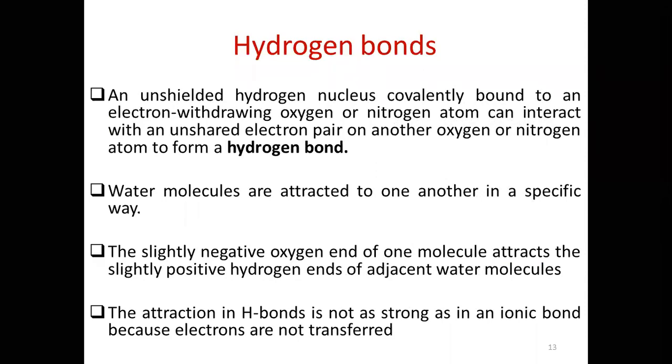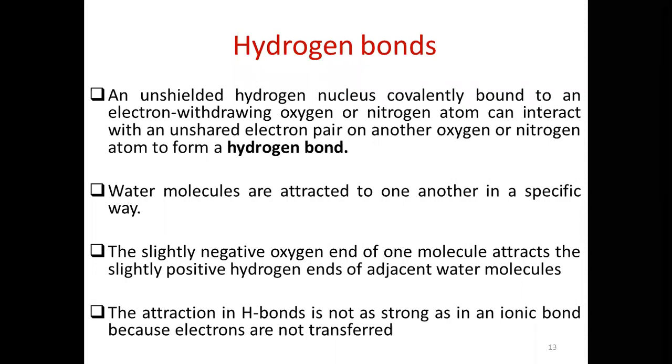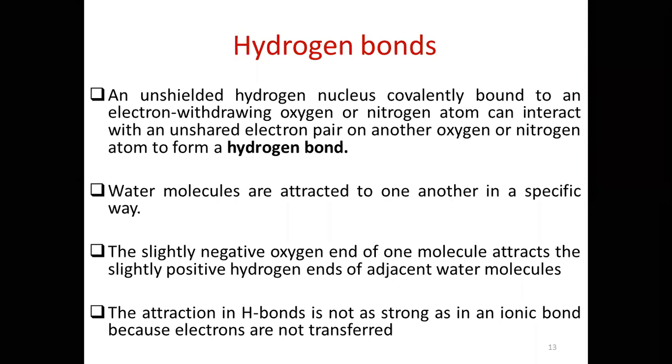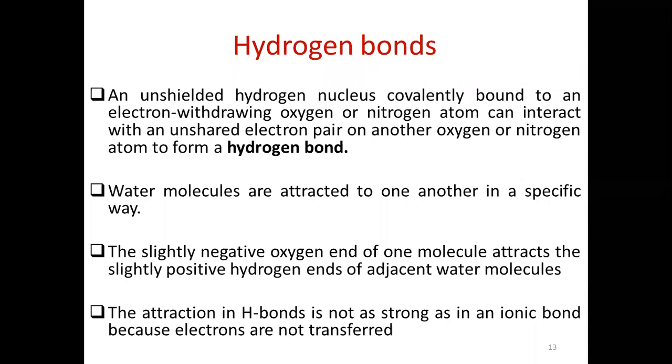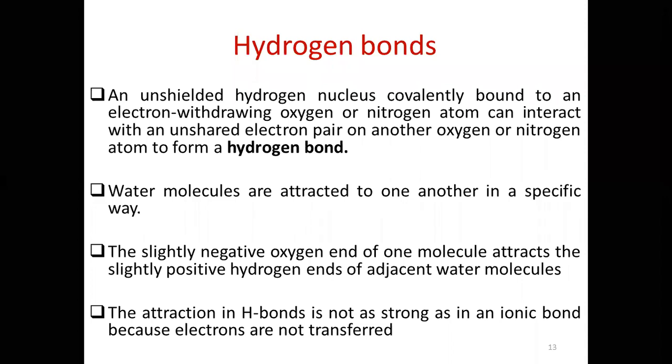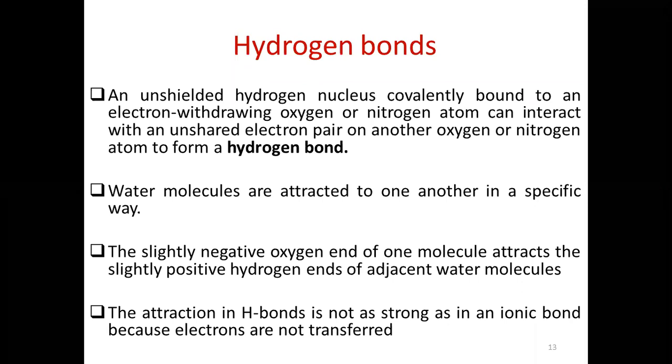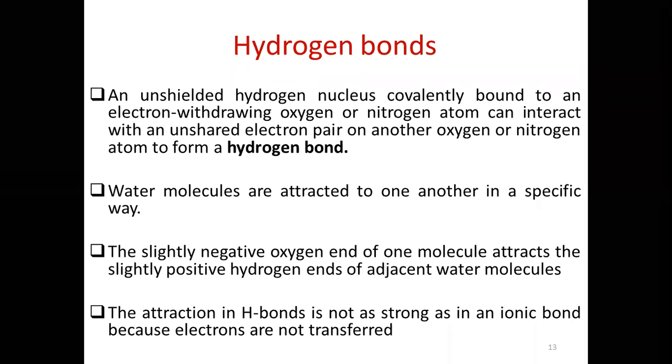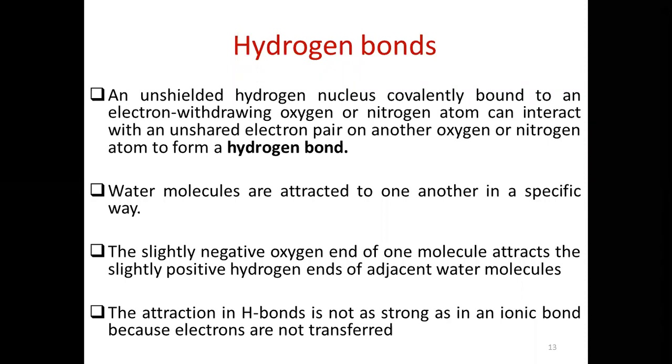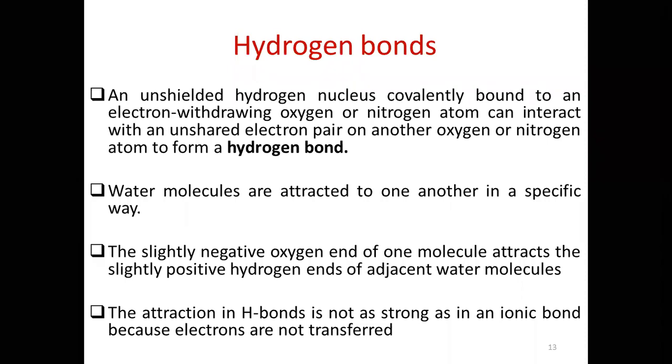Now, hydrogen bonds, I've already mentioned that a hydrogen bond is an attraction between the partially positive hydrogen part of one water molecule and the partially negative oxygen atom of another water molecule. But generally, a hydrogen bond is a bond that is formed when an unshielded hydrogen nucleus covalently bound to an electron withdrawing oxygen or nitrogen atom can interact with an unshared electron pair on another oxygen or nitrogen atom.